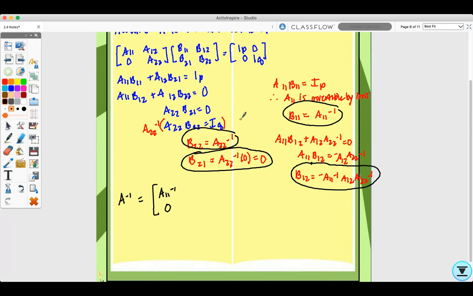And then B12 we just got right here, which is negative A11 inverse A12 times A22 inverse, and then B22 we said was A22 inverse. And that would be your formula for these.